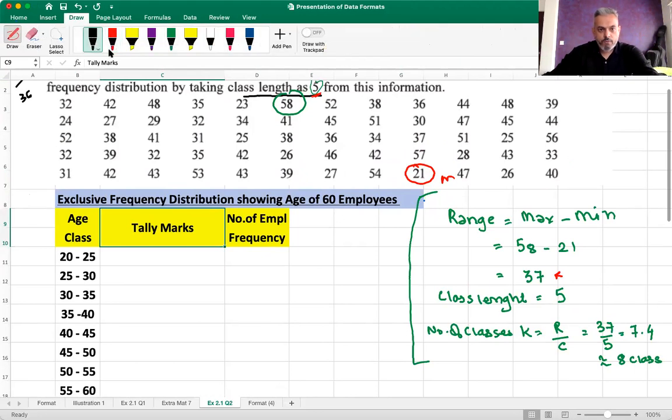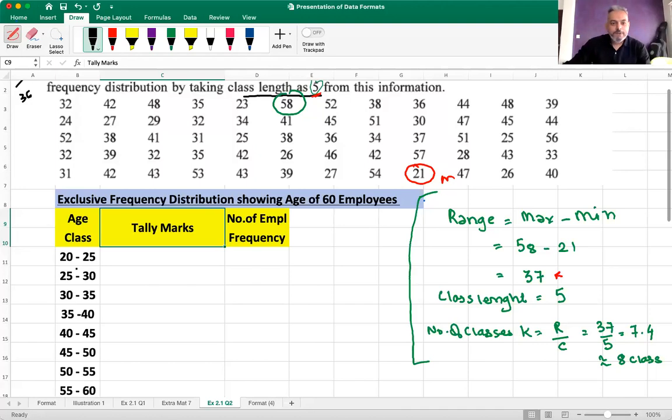32. First one 32, so 30 to 35, tally mark. You can go horizontal, you can go vertical, as you are comfortable. Okay, 42, 40 to 45. 48, 45 to 50. 35.